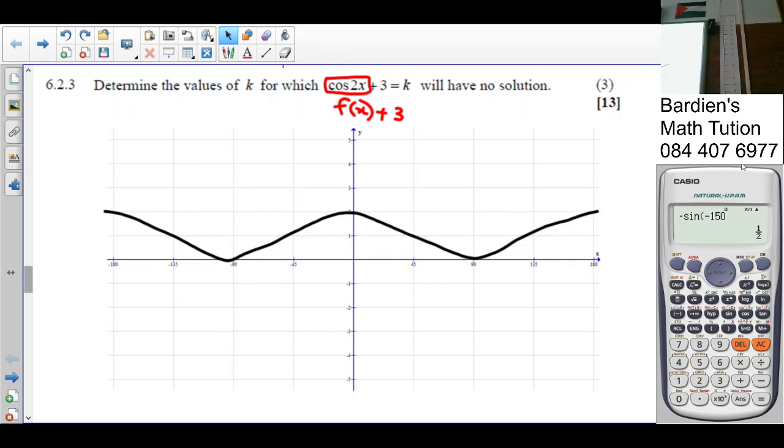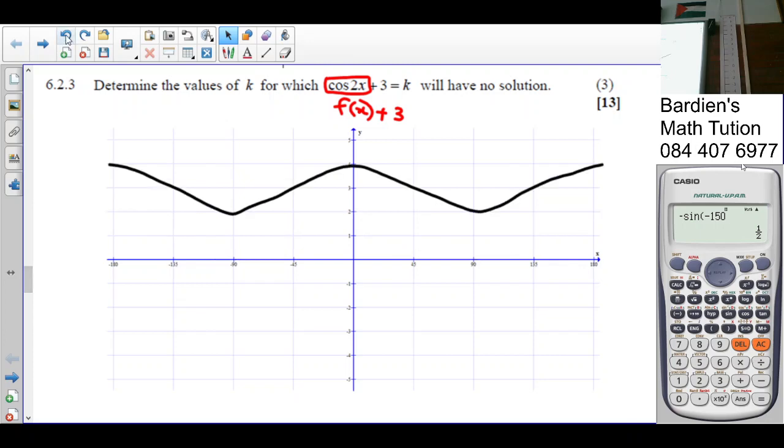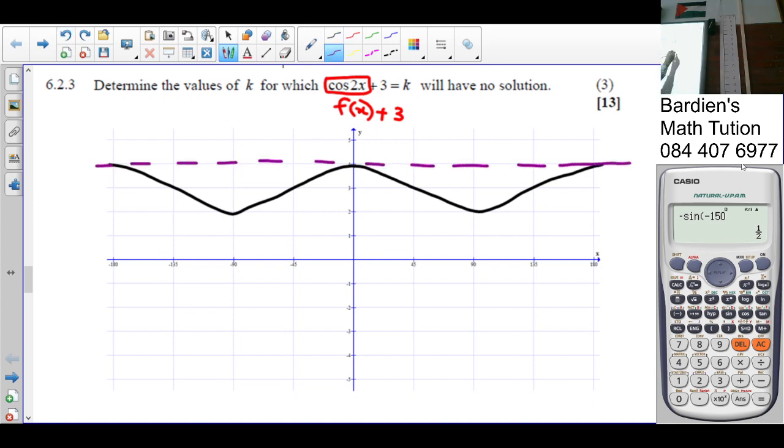So currently, at this point, my k value is at this point. So at this point your k value is 4, and this k value is 2.